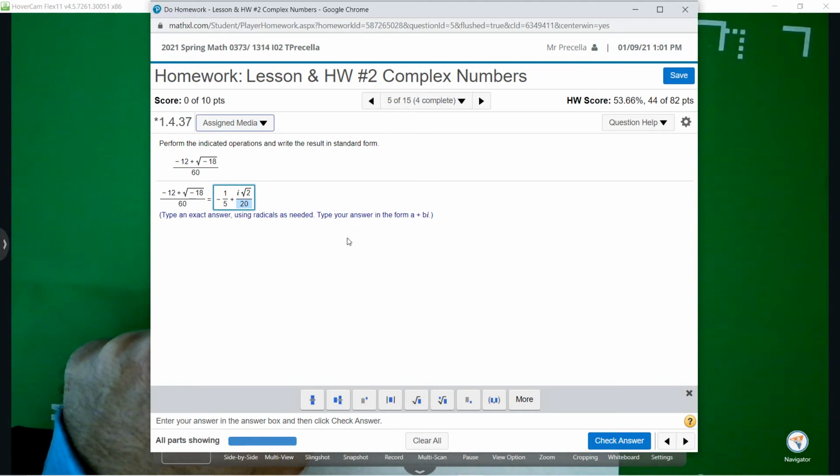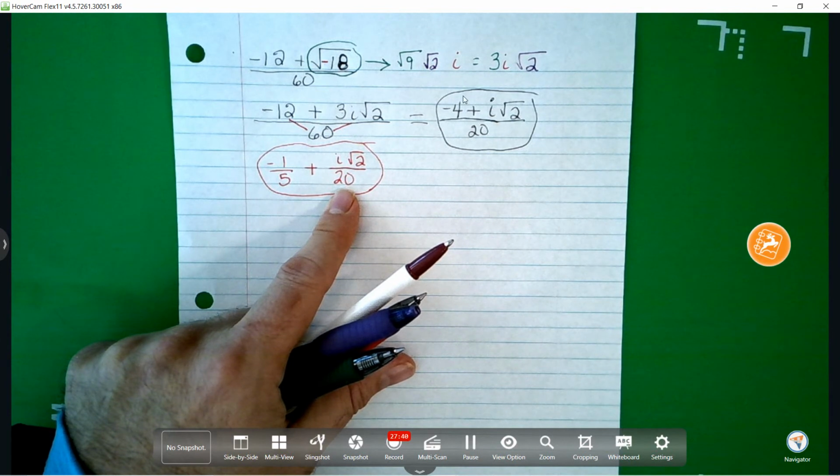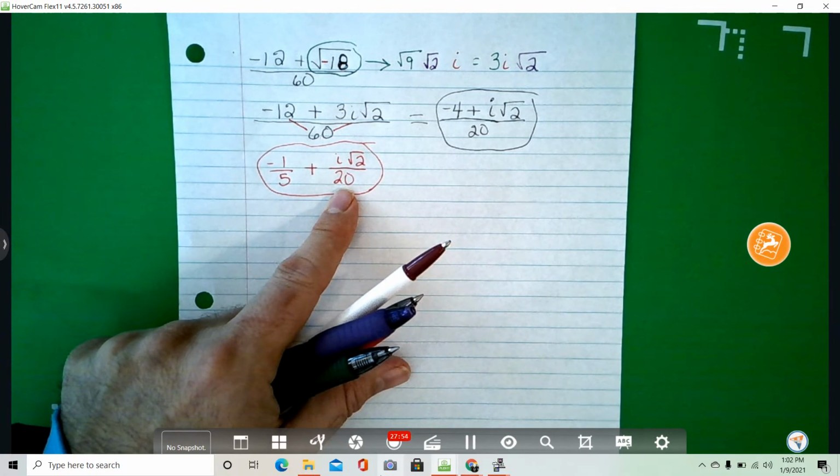Okay, and I'll check the answer. That was interesting. Later on in the next assignment, it'll take either form. These are two ways of writing the same answer, but they wanted clearly a plus bi, the imaginary part there.